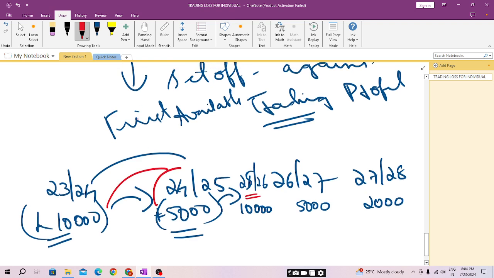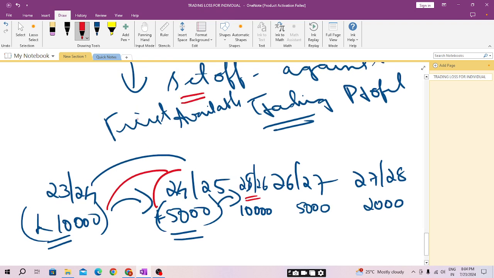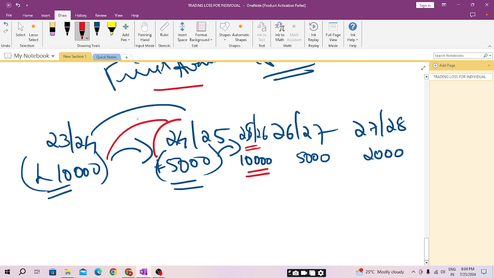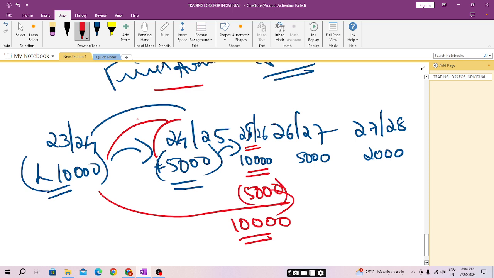Now students, the loss will be set off against the first available trading profit. When was the trading profit first available? Now the whole amount will be reduced. The whole 10,000 will be set off. We can't choose the amount saying that I'll reduce only 5,000 this year, next year I'll reduce 5,000. No students, this is not applicable.